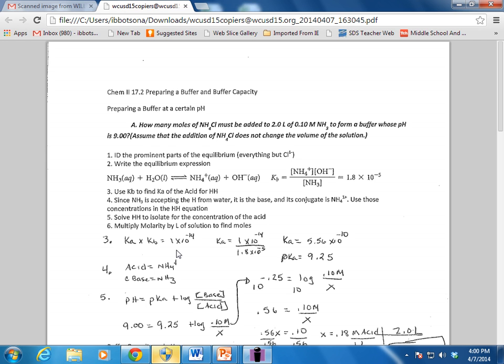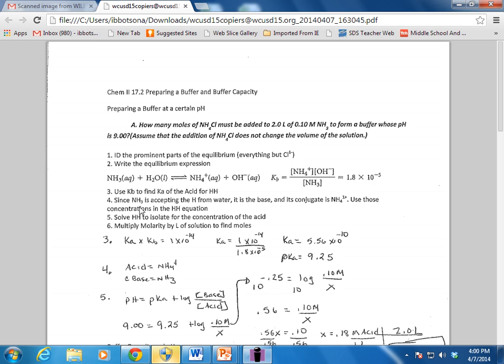I've shown that down here in step 3. By dividing both sides by Kb, we get a Ka of 5.56 times 10 to the minus 10th, which tells you that the conjugate acid is not very strong, that the base is stronger than the conjugate acid. In the Henderson-Hasselbalch equation, we use pKa, so if you take the negative log of that, it becomes 9.25.